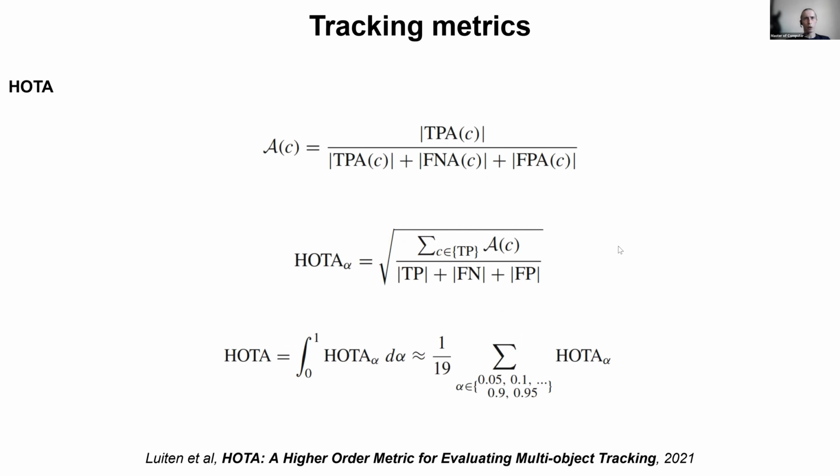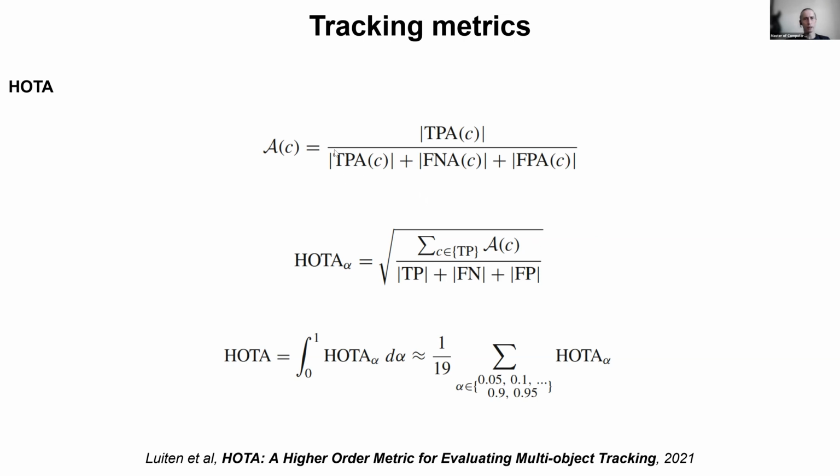HOTA measures how well the trajectories or tracks of matching detections align and averages this over all matching detections, while also penalizing the detections that don't match. I mean ground truth detections that don't match.